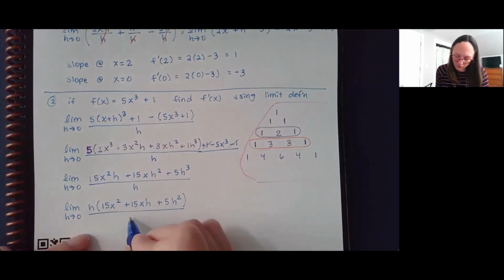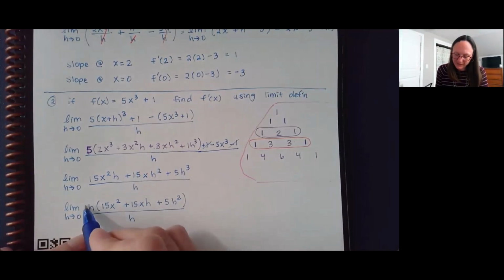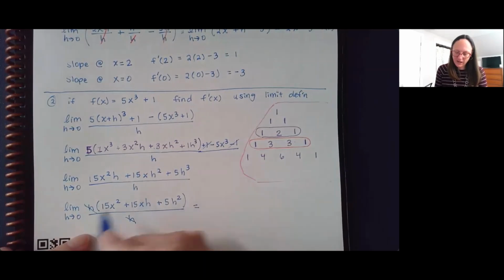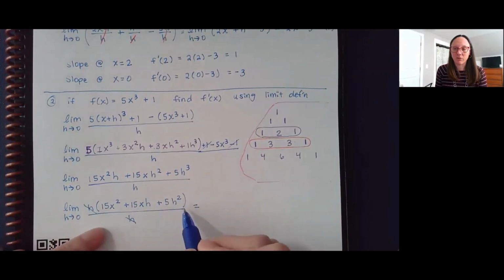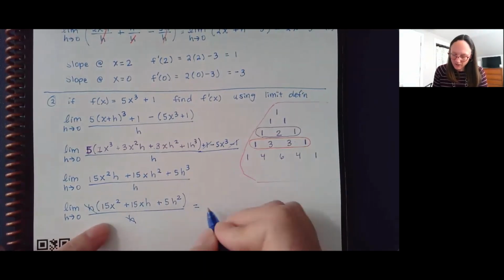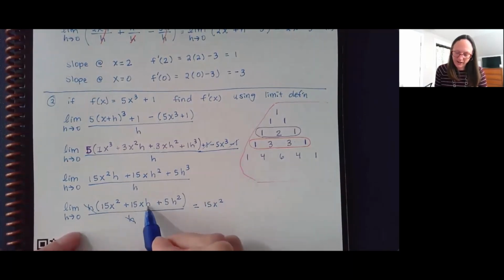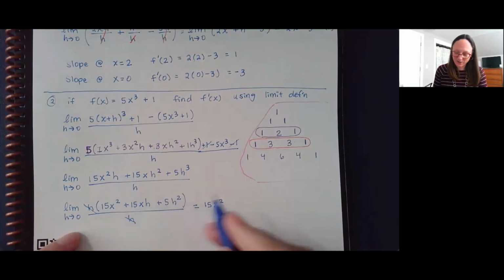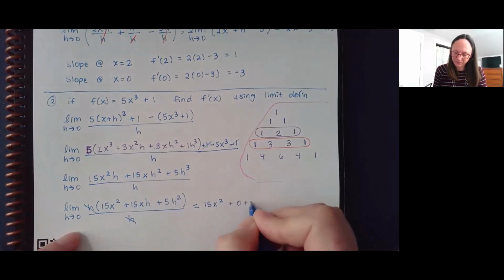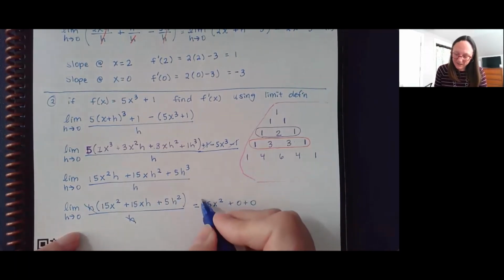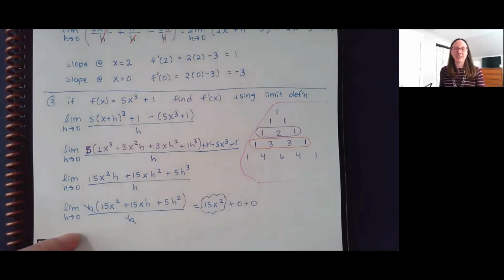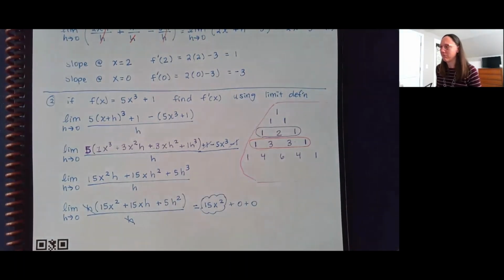And that whole thing over h means these guys cancel out, and I'm ready to plug in my limit of 0 for h. I'm going to have a 15x squared, and when I plug in 0 for h, this term goes away, and so does this one. And that is my f prime using the limit definition of the derivative.